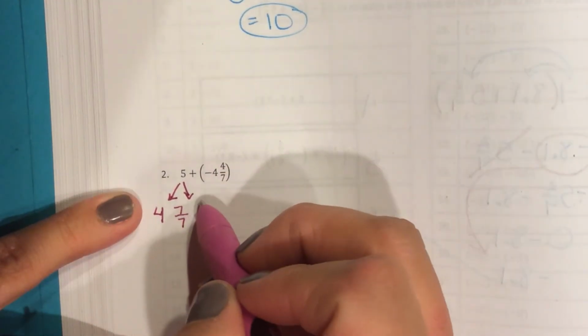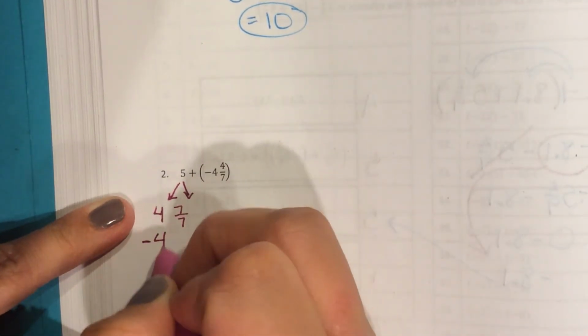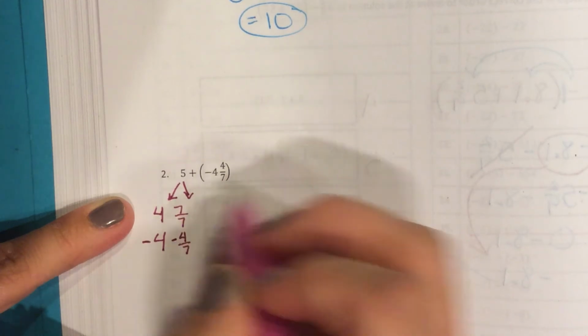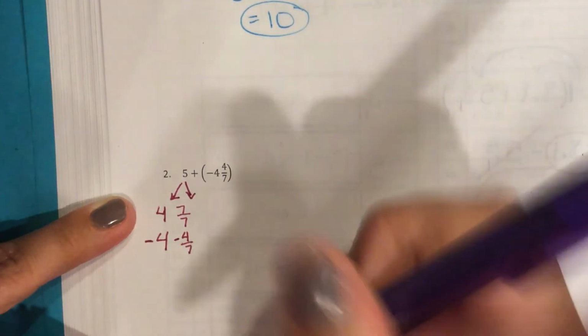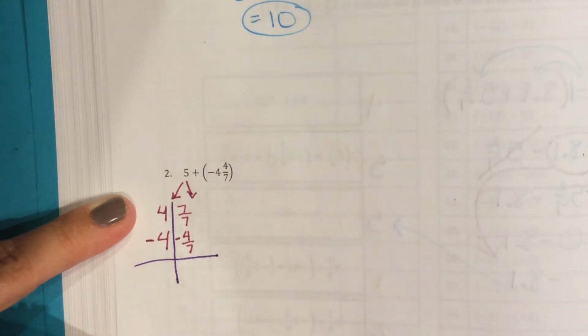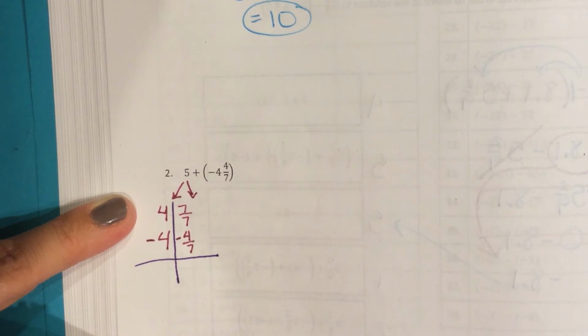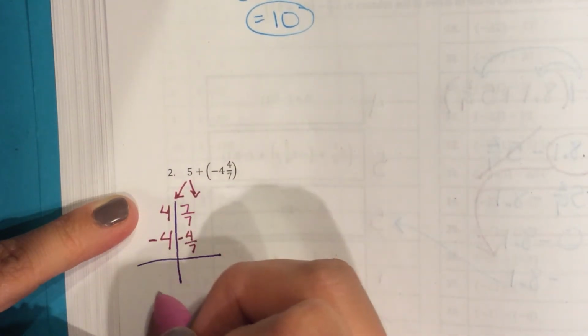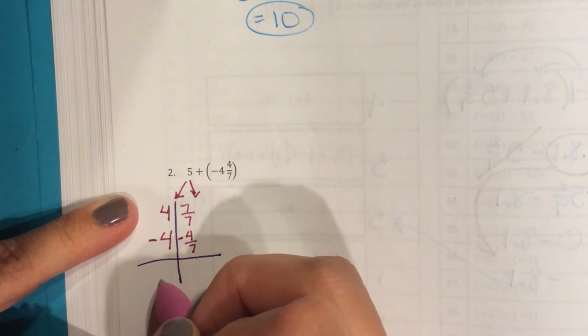So now I have 4 minus 4, and I have 7/7 minus 4/7. Think about them like they're their own separate problems. Deal with your whole numbers and your fractions separately. 4 minus 4 is nothing, so I have no whole number anymore. There's a 0 here.